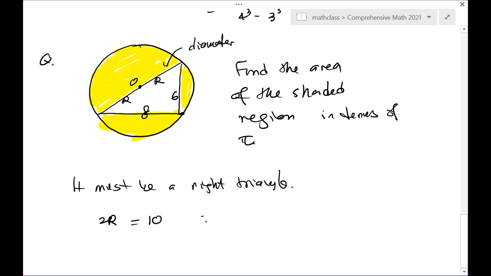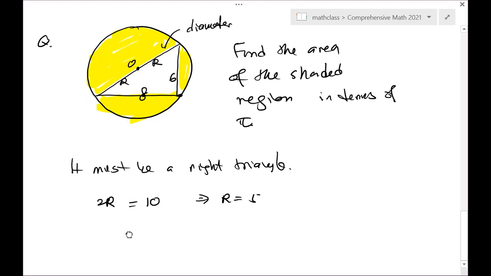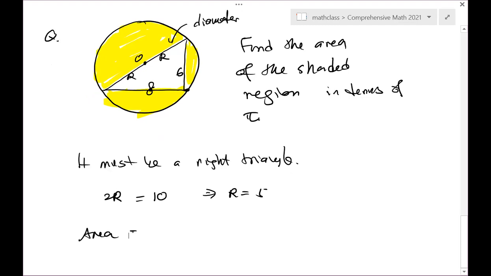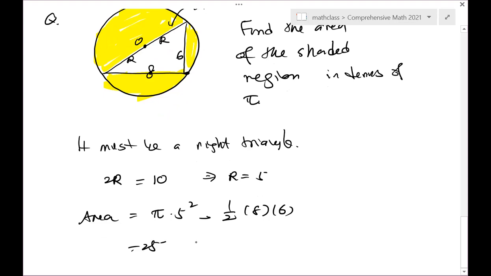So that implies r equals 5. Then all you have to do is just take the difference. The area is going to be the area of the circle minus the area of the triangle. So it's 25 pi minus 24. Great.